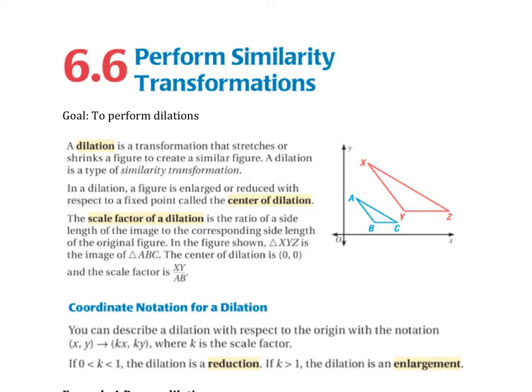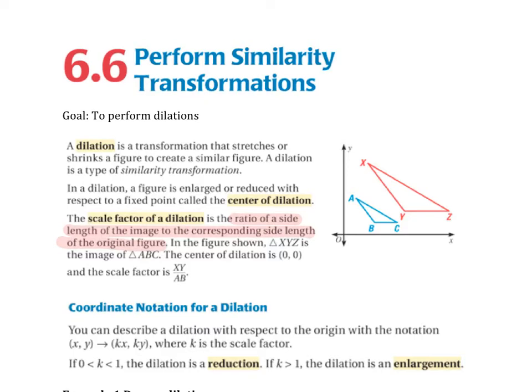The scale factor of a dilation is that ratio, I'm going to highlight this for you, of a side length of the image to the corresponding side length of the figure.